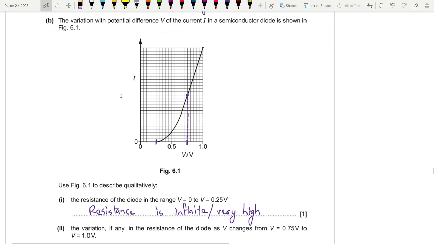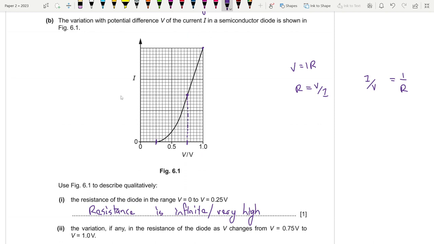After 0.25, essentially, since current increases, resistance is definitely decreasing, right? You guys know that V is equal to IR and R is equal to V by I. So the gradient of the I by V graph is actually the reciprocal of R. So you might be wondering, it looks like a straight line.